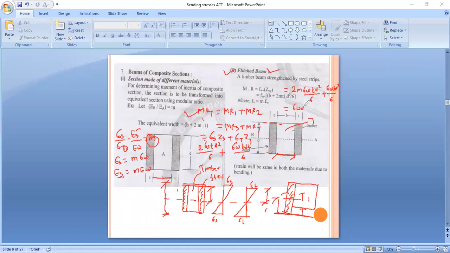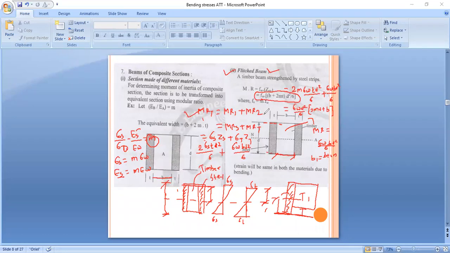So sigma w d square upon 6. What is remaining in the bracket? 2m into t plus b. So the moment of resistance is equal to sigma w b1 into d square upon 6, where b1 is equal to b plus 2m t. This equation comes. Okay, got it?